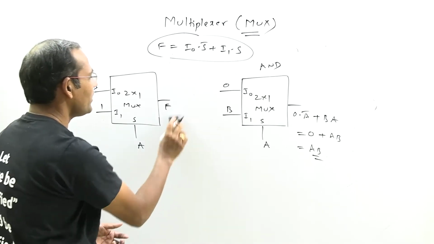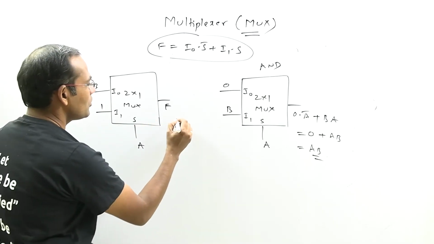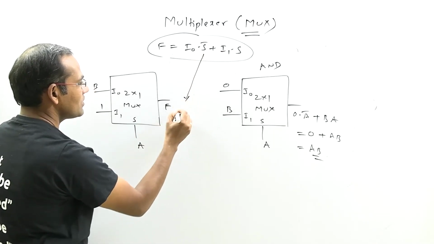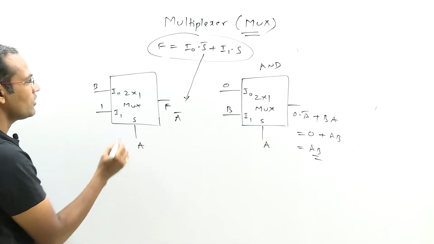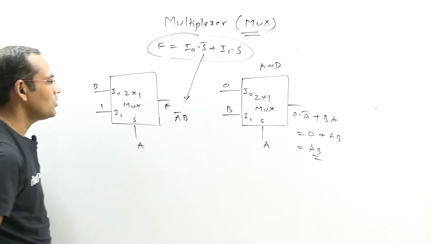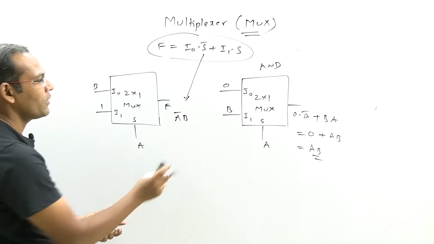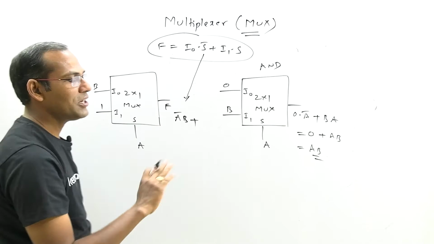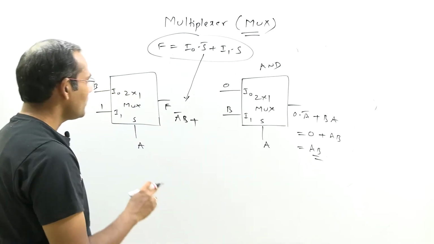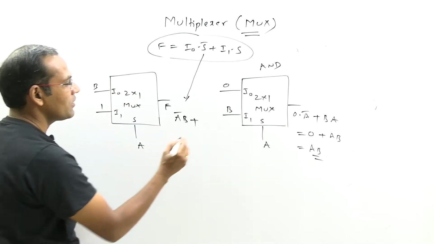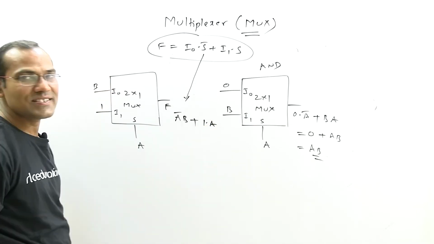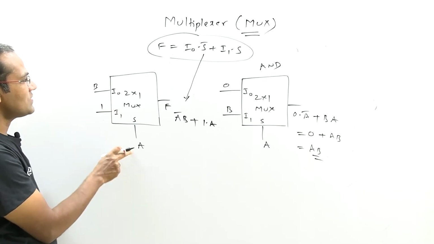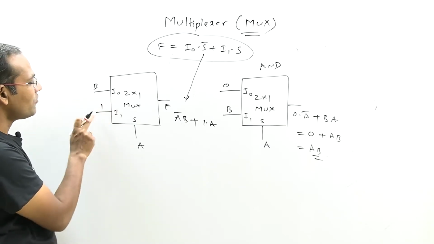Sorry, here I0 is B, and S is A. I need S bar, and S bar is A bar. So it is I0 into S bar; it doesn't matter whether you write B into A bar or A bar into B. And then I1 into S. So I0 into S bar plus I1 into S gives B into A bar, plus 1 into A.